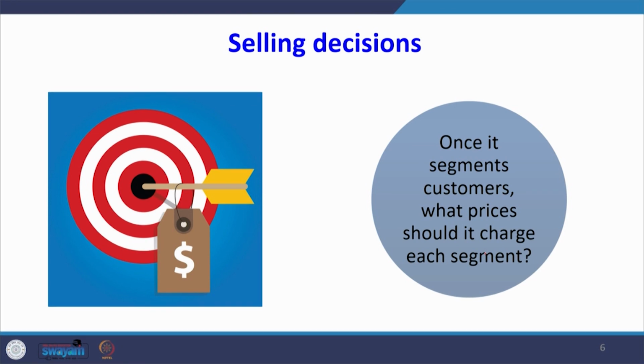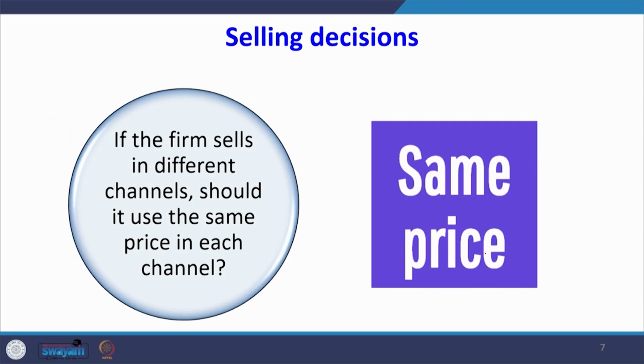That is an important selling decision. One possibility: if the firm sells in different channels, should it use the same price in each channel? The company may sell the product through different channels, online and offline. Is it good to have the same price for different channels, or do we want different prices for different channels?